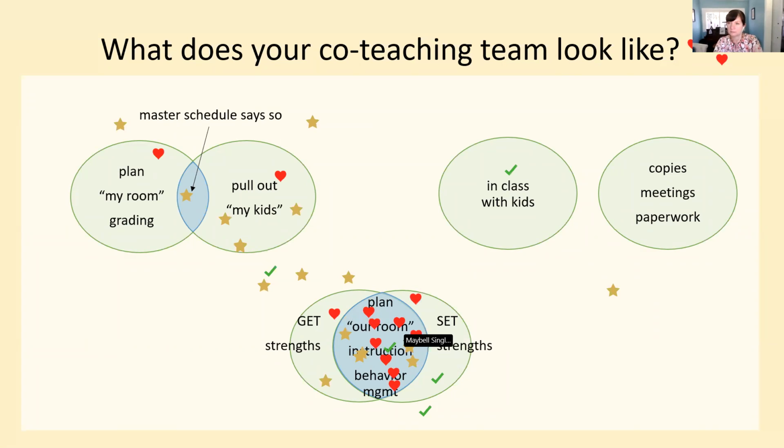There's also that second type where one teacher is in the class with kids and another teacher is taking attendance and making copies. That one never really works either. Then, of course, you've got the one at the bottom where you've got a good combination of things you do together, and you have some specialties that you do separately. That is your goal. That's where you want to go.